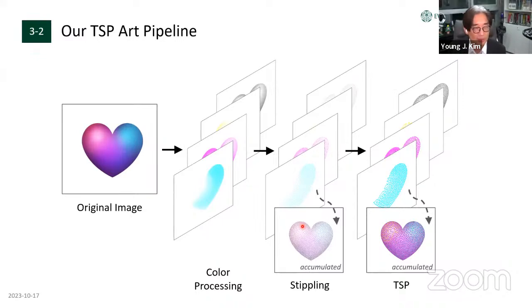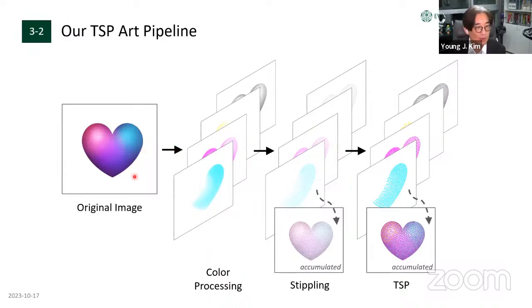Also, we have to make sure that the robot is efficiently capable of drawing this path. So we need some kind of path smoothing or path optimization to make it easier for the robot to do it.